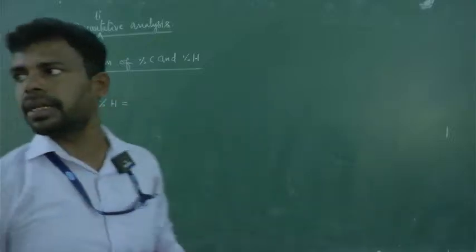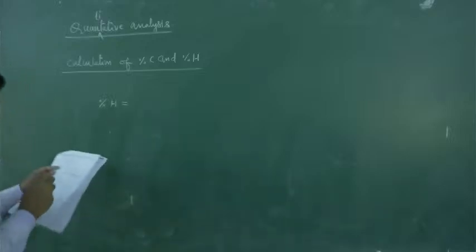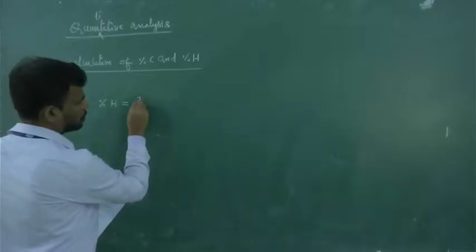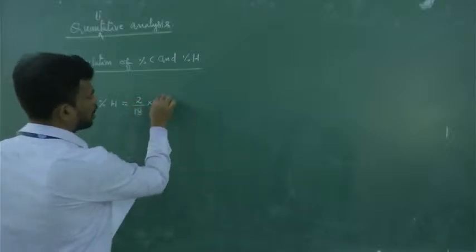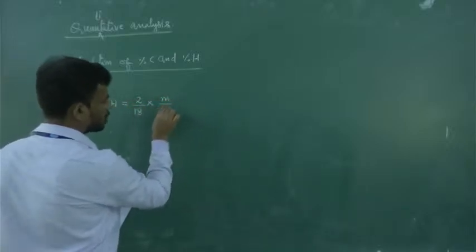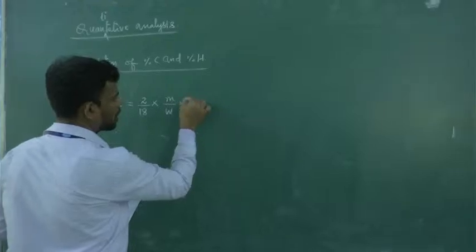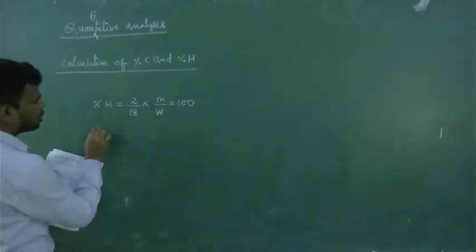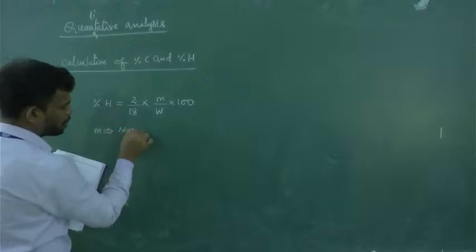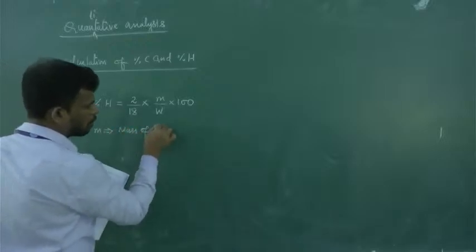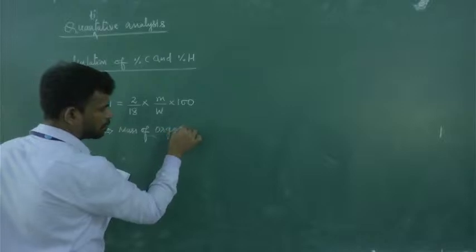The formula is going to be 2 by 18 into m by w into 100. In this, small m is going to be the mass of organic compound.